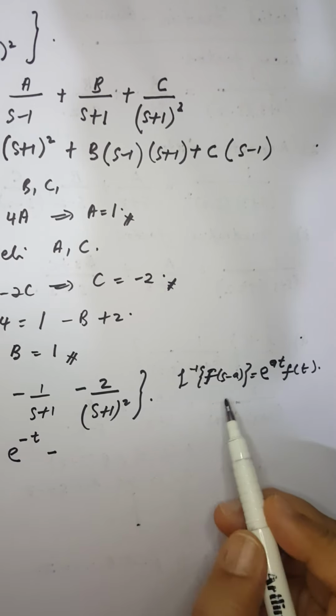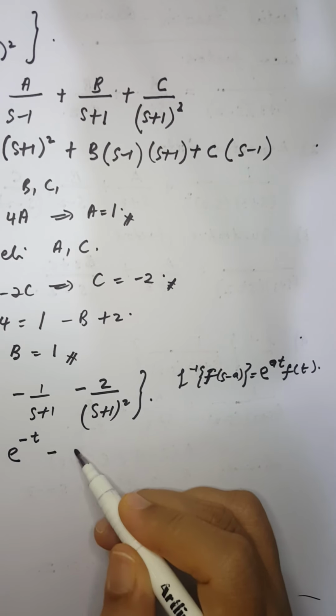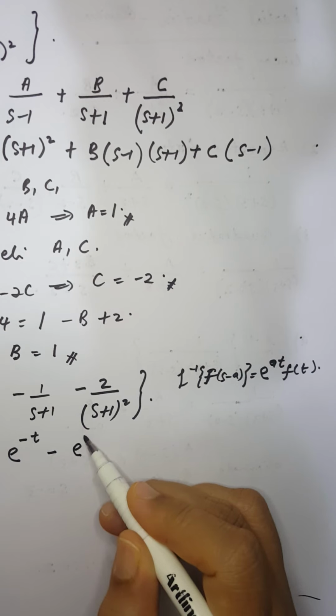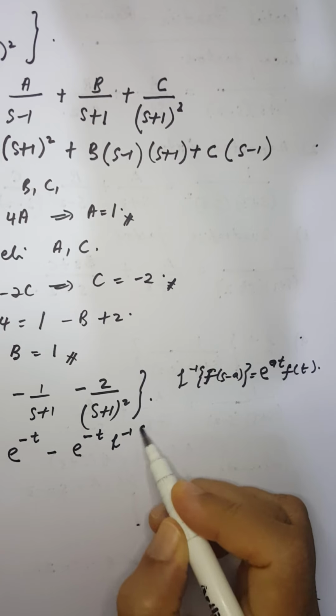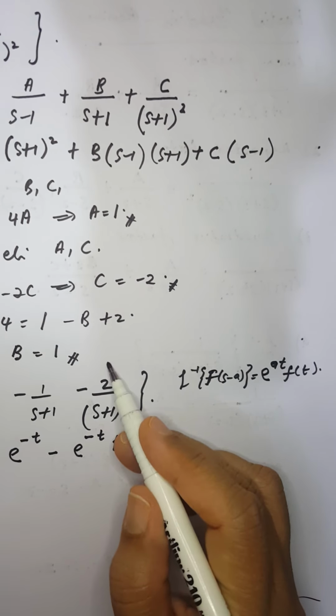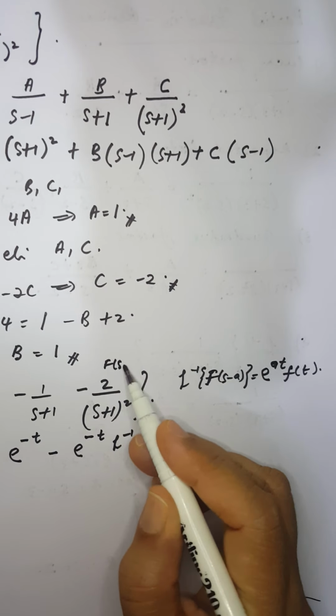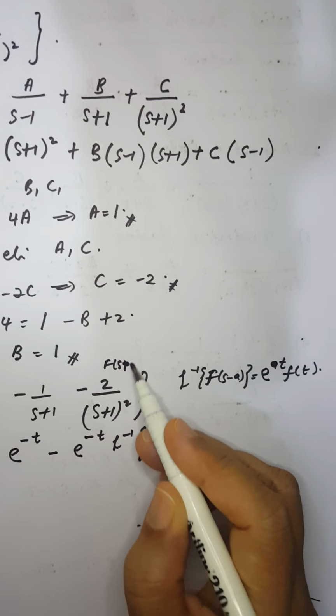So now, this is shifting, a is negative 1, so e to the negative t. For f(t), we need to inverse Laplace F(s) to get f(t). This is F(s minus a), where a is negative 1, so plus 1.